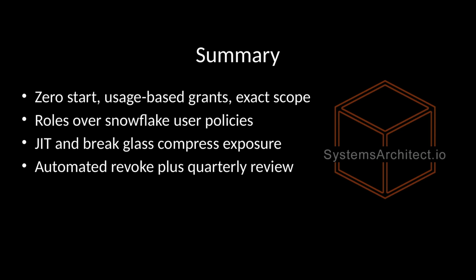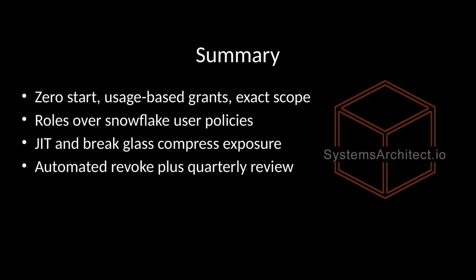To close, start every identity at 0 and grant only permissions that match real usage so a stolen credential cannot roam the whole estate. Prefer roles over personal policies and scope those roles to exact resources so access stays auditable as you scale. Use just-in-time elevation and approved break glass so standing privilege is rare, short, and noisy when used.